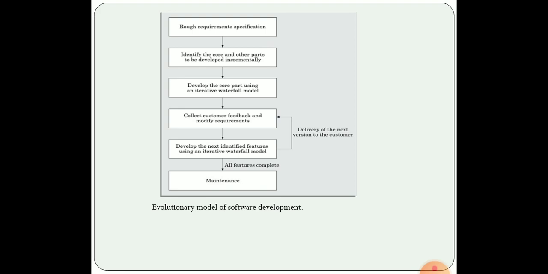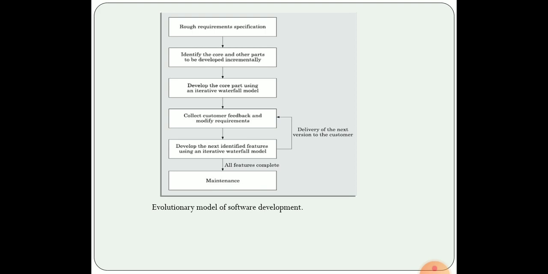The working of the evolutionary model is given in the figure. As in any software development life cycle, we first have to gather the requirement specification. Gathering the requirements from the customer forms the first step in any software development process.